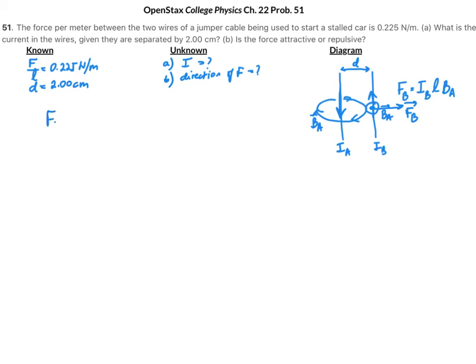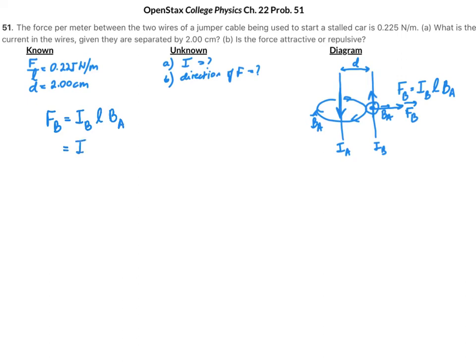So let's first do the calculation. The force that wire B experiences is its current times the length times the magnetic field due to wire A. Conversely, FA is IA L BB.